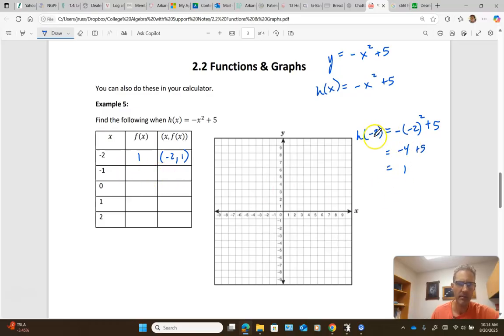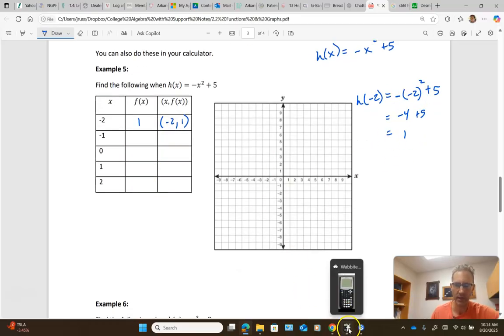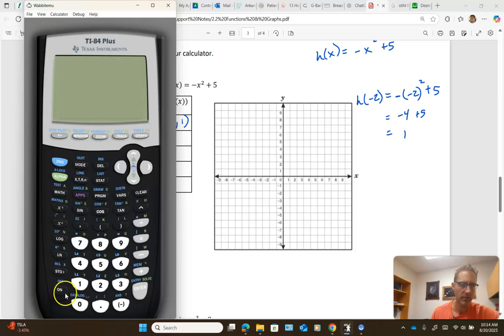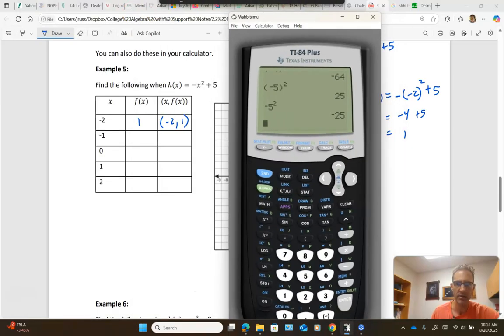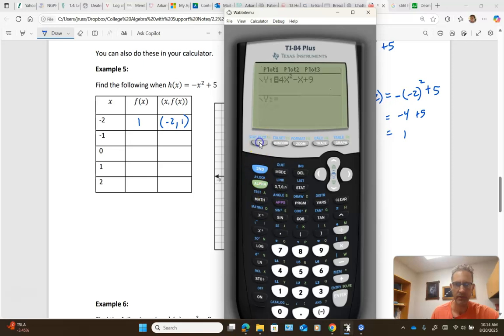And I think maybe that's all I'll do. I think I'll refer to my calculator and the table in the calculator to find the rest of those function values. So I'll go to y equals, remember this is negative x squared plus 5. Square it, and we'll say plus 5. I'll go to the table. Alright, so here we go.